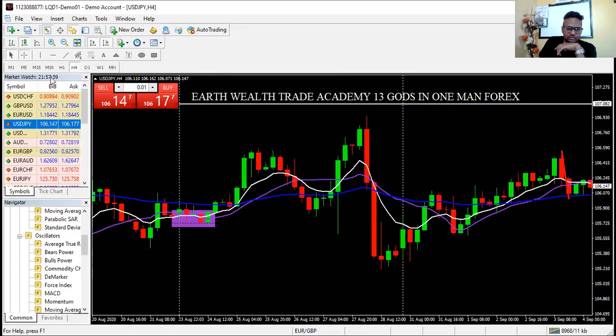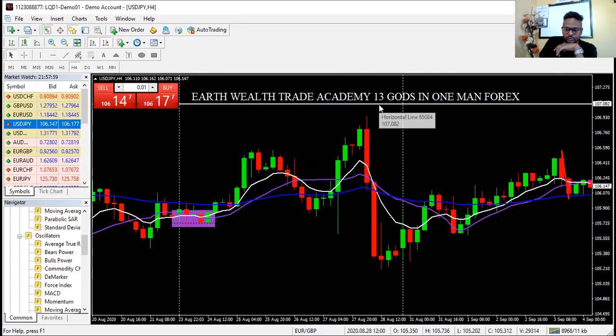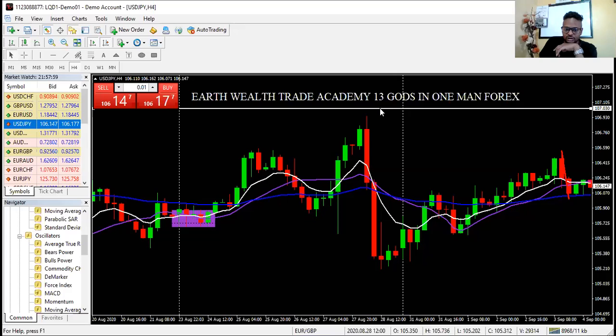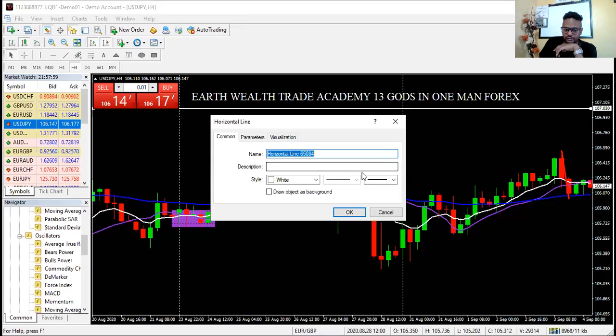You can use a crosshair here and measure in the opposite direction. It's about 30. So you can come down to about here. This would be a stop loss if we're going to sell off this candle right here. And this would be a perfect setup in the market. So you have to look out for your setups.